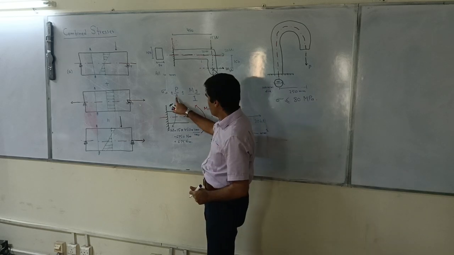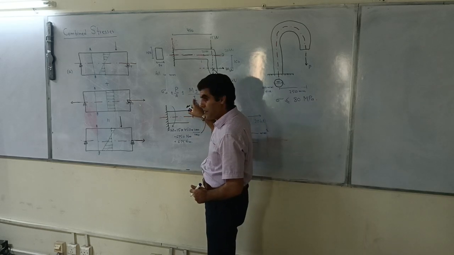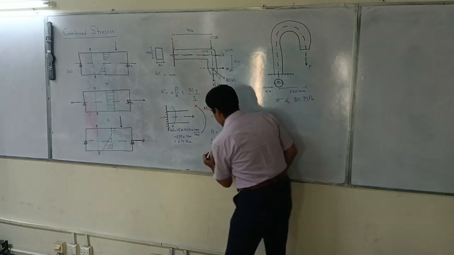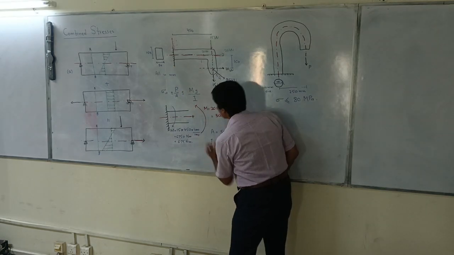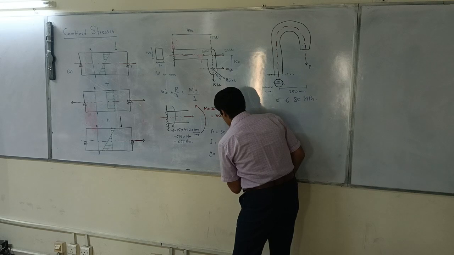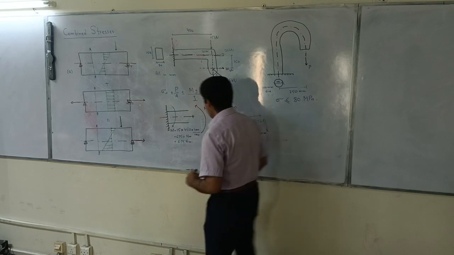So in this formula we know A, we know I. y would be the extreme end. So y is equal to 150 by 2, that is 75 millimeter.